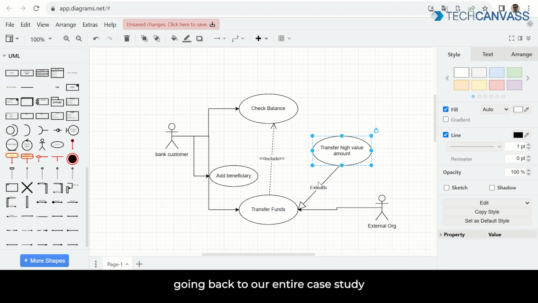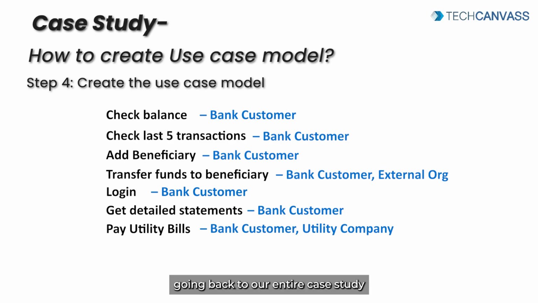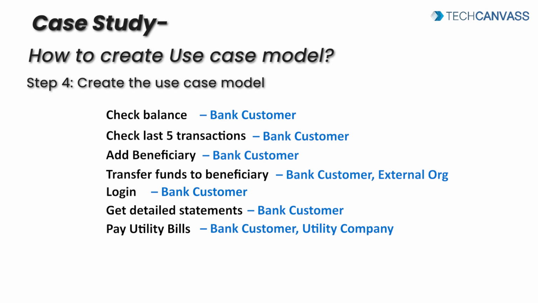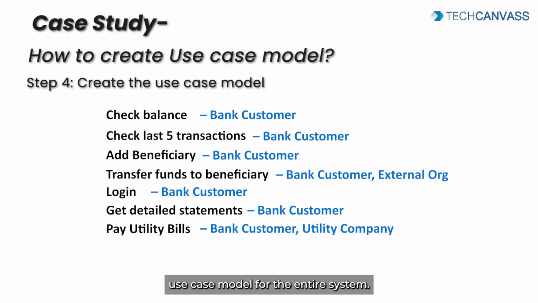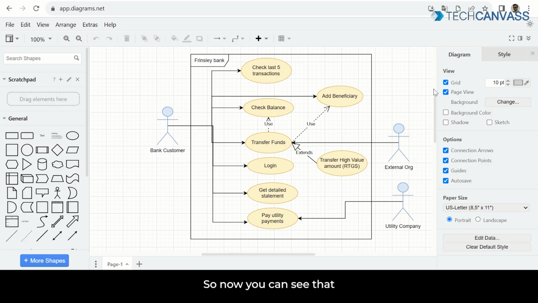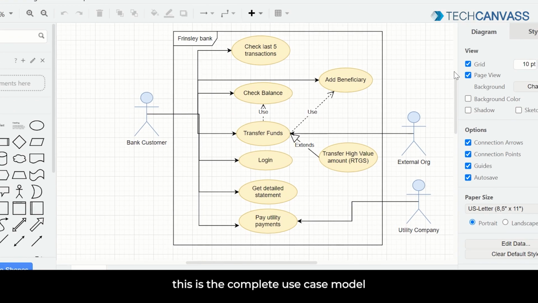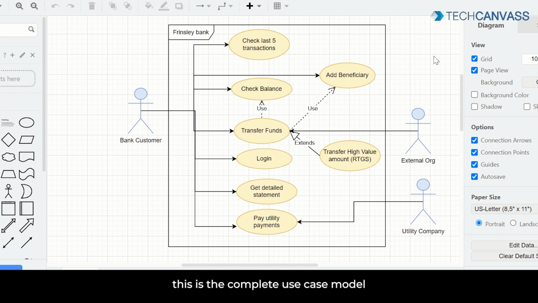So, now going back to our entire case study with all the functionalities which we had identified, I will show the entire thing in one use case model. So, let us go back to the use case model for the entire case study. Now you can see that this is the complete use case model for the case study which we are using.